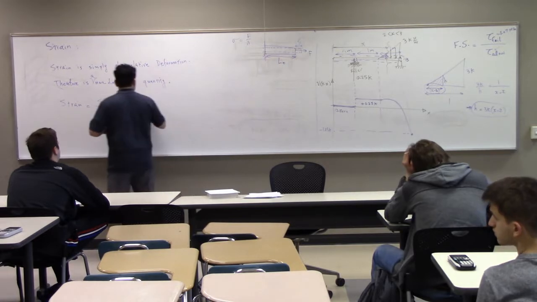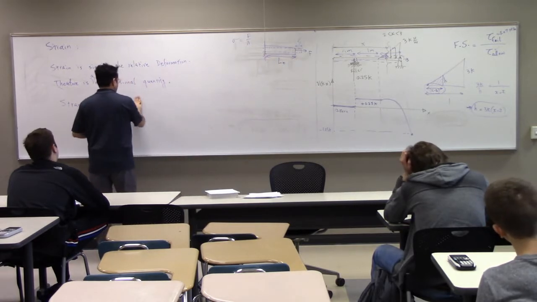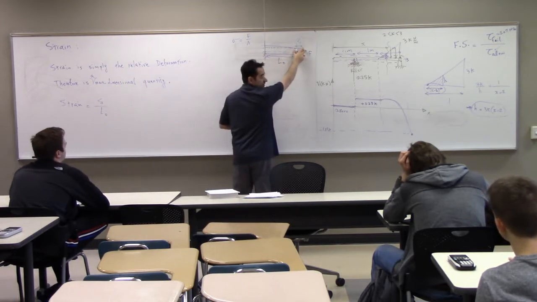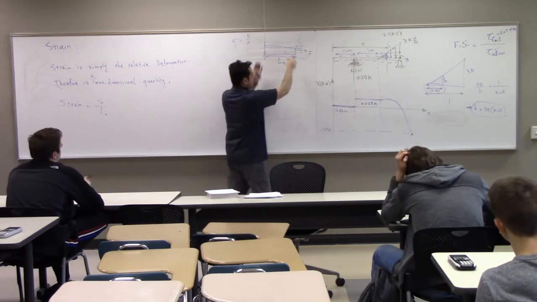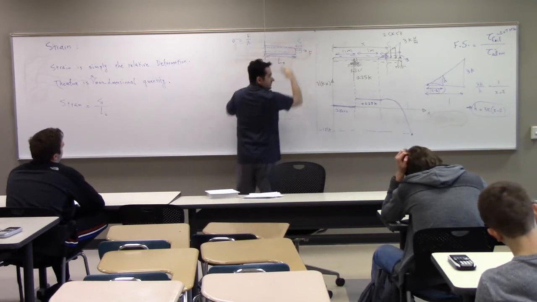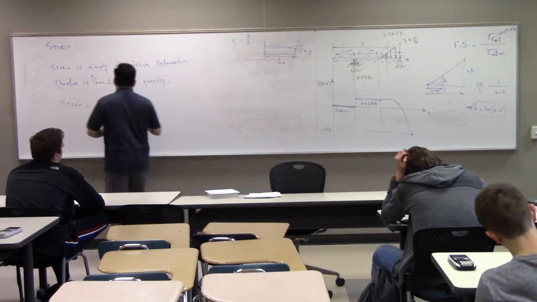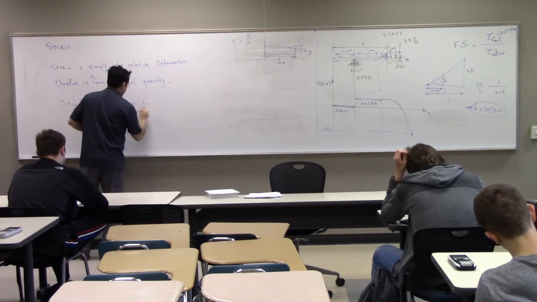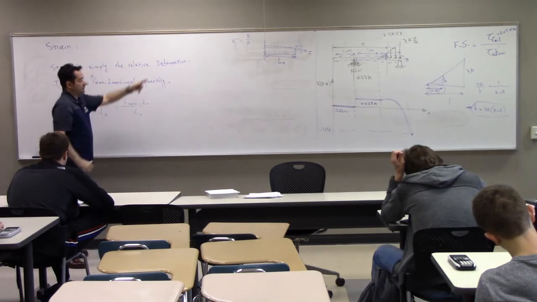How about this one? This is the right. So the amount of deformation, don't forget, I'm not saying the total length. The deformation means total length minus L0. Let's write it here: L minus L0 divided by initial length L0.